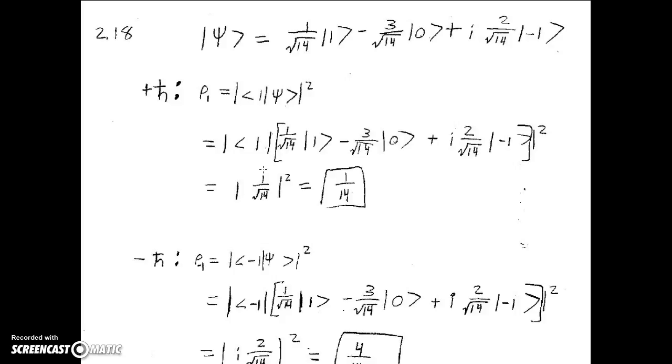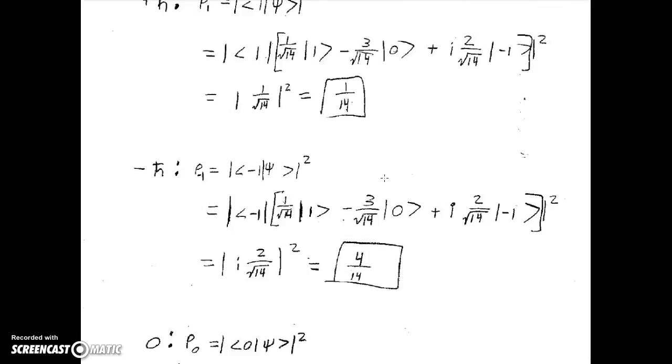The only way to get a +1 output is to have a +1 input. So if the input is 0, like here, we can't get a 1 output. So therefore, the only component that matters is this one. So these two are going to be 0, and so it becomes 1 over the square root of 14 squared. And that just becomes 1 over 14.